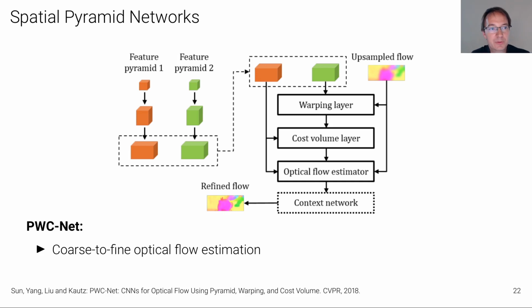And the third type of approach are spatial pyramid networks that combine the classic ideas of the image pyramid, in this case using this idea for constructing learning-based feature pyramids, and having an optical flow estimator that is actually learned and not using a variational energy-based optical flow estimator. So the ideas are taken from the literature, from the old methods, but several components have now been replaced with learnable components.